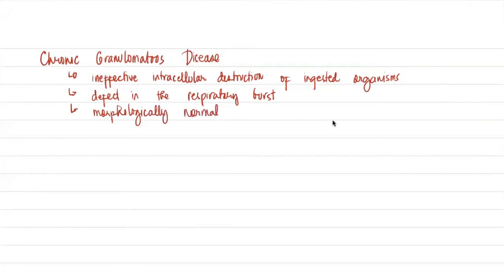However, functionally, it is abnormal. If there is a particular enzyme that we have to take note of in the case of chronic granulomatous disease, that is the deficiency of the NADPH oxidase.